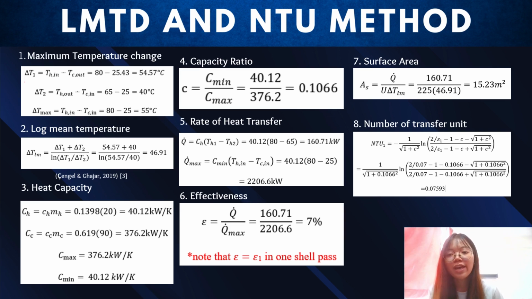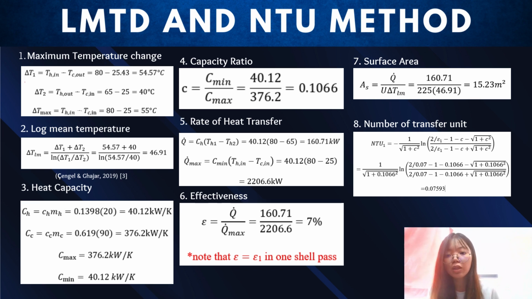So now we use the LMTD method to calculate the total heat transfer area and the NTU method to calculate the effectiveness and the performance of the heat exchanger that we design. First things first, we calculate the temperature change and the maximum temperature change. Since our flow is counterflow, the change in T1 will be equal to the temperature of hot oil inlet minus the temperature of cooling water outlet, which is 54.57 degrees Celsius.